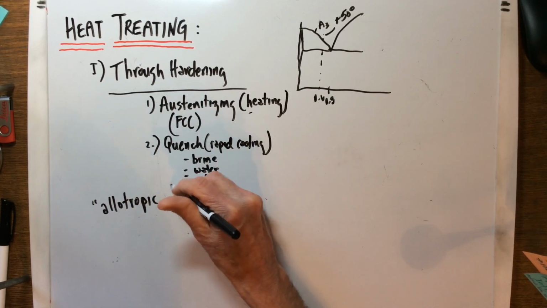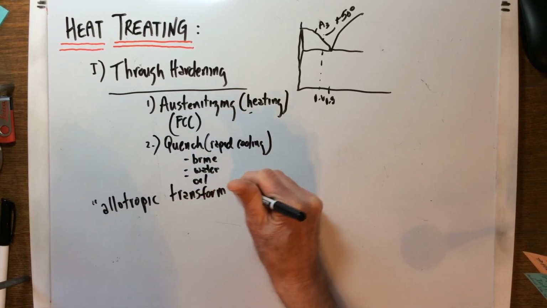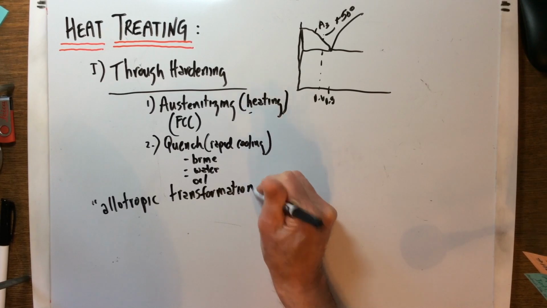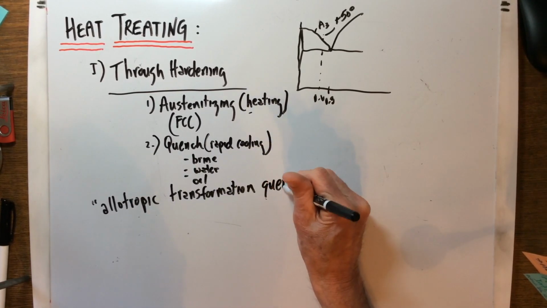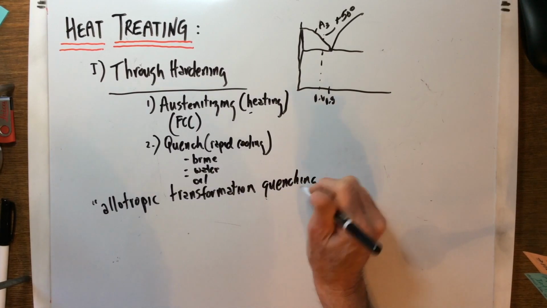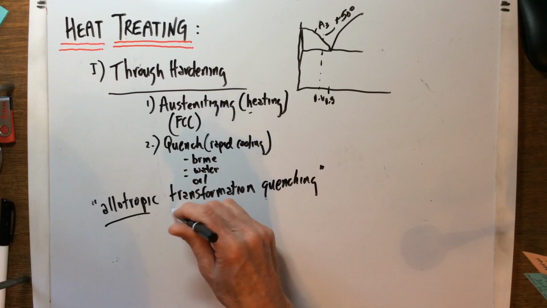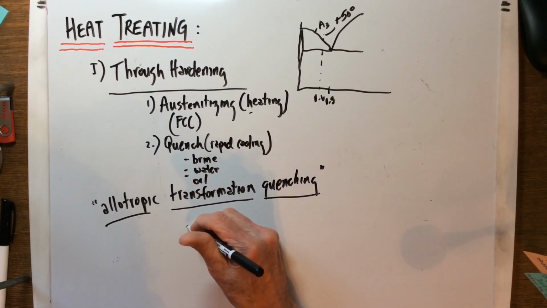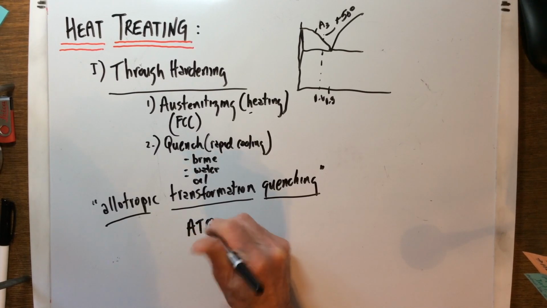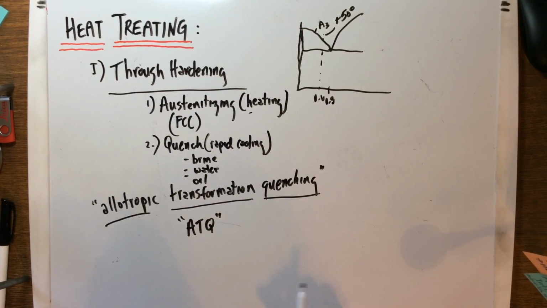The allotropic transformation quenching. So that says it in a nutshell. That's all these two steps. Allotropic transformation quenching, or you can just say ATQ for short. That's what's taking place on this through hardening, or any hardening really.